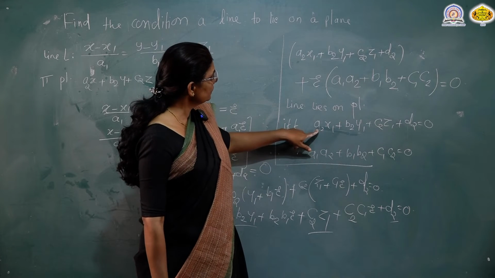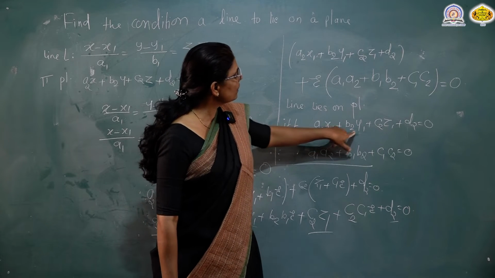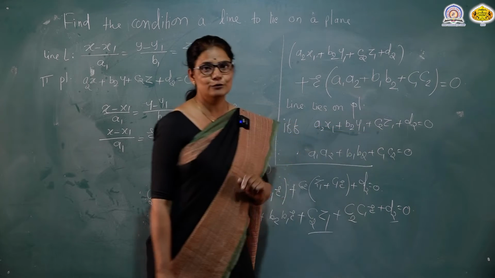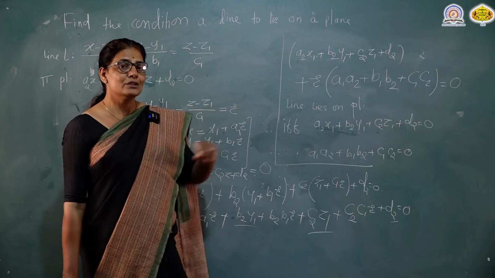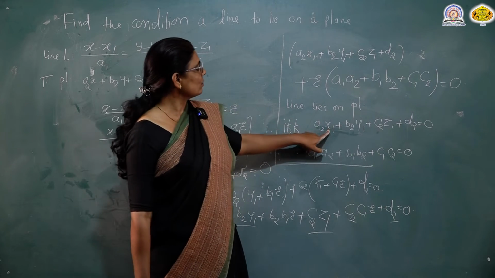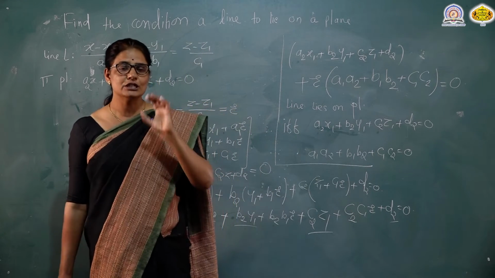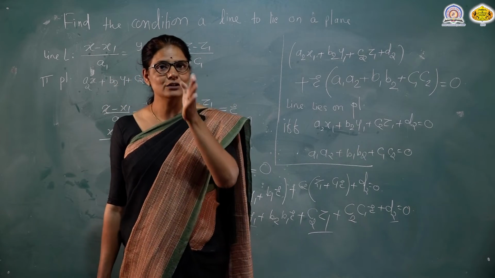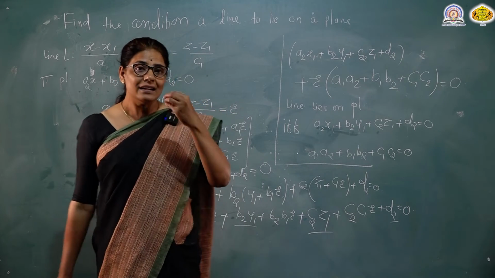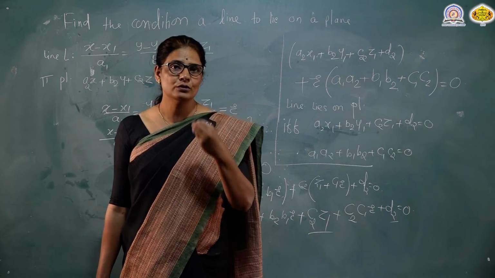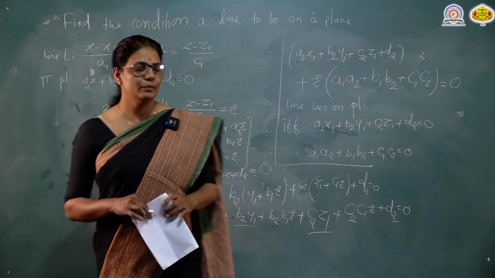Observe the first condition, which is a2x1 plus b2y1 plus c2z1 plus d2 equals 0. This condition says that the point (x1, y1, z1), which is the point of the line, lies on the plane. So at least one point of the line should lie on the plane.